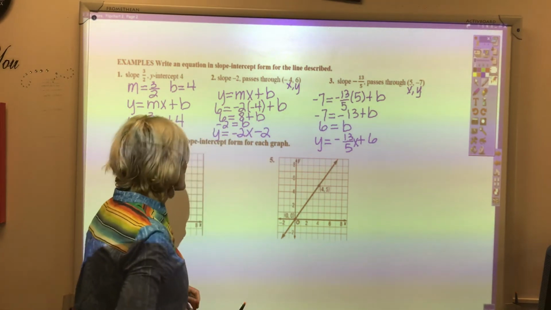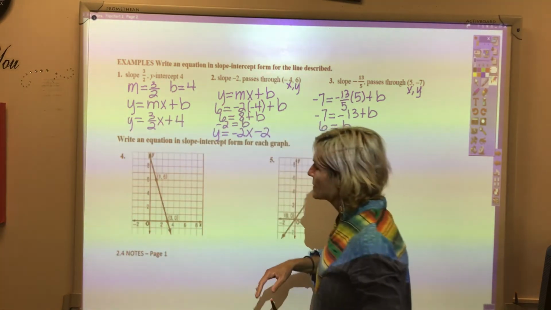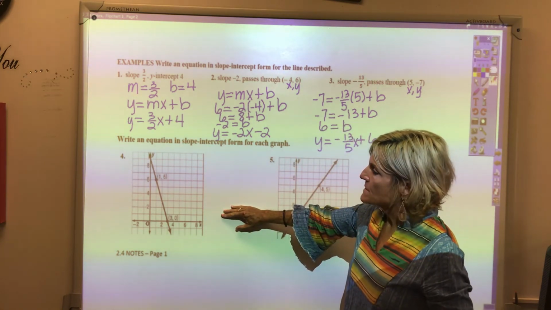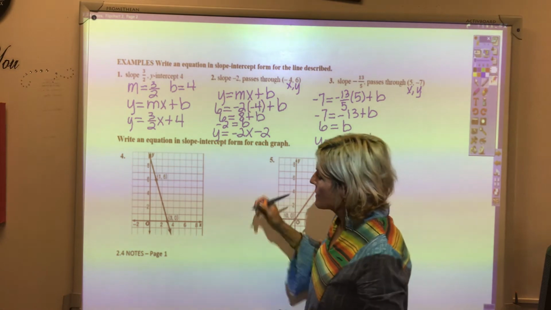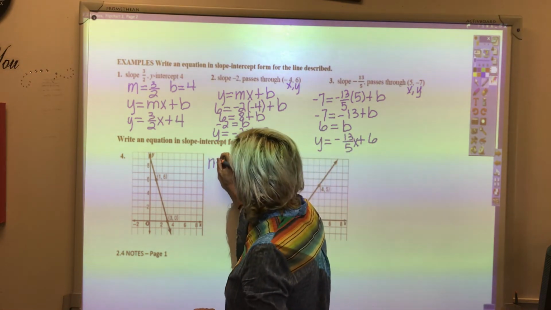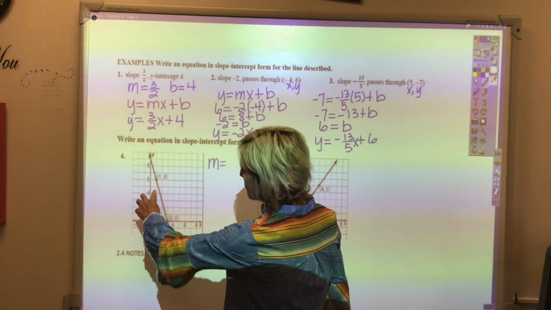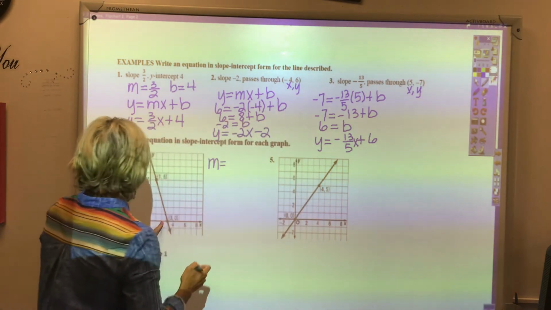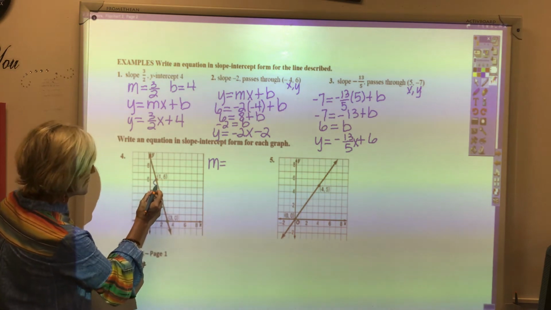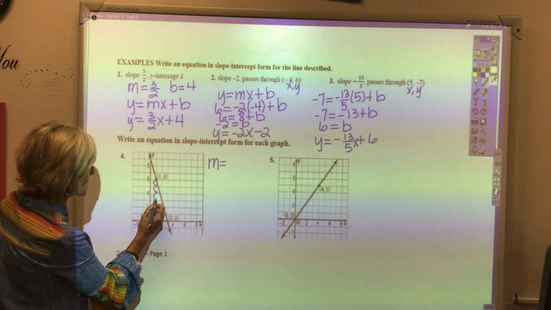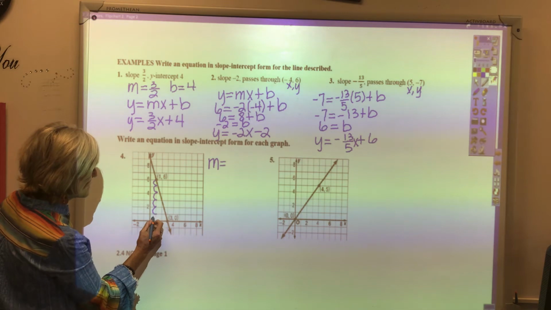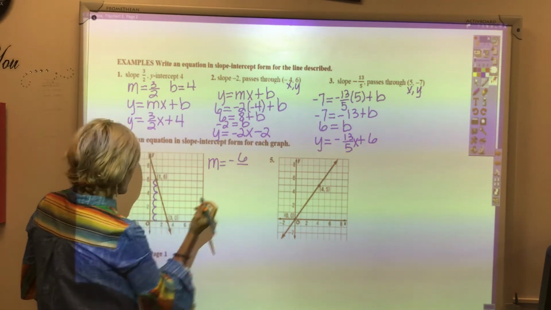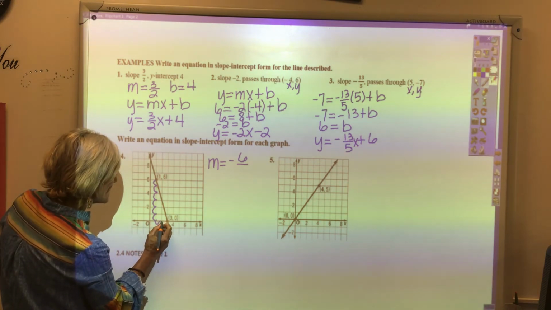All right, on the next two examples, we're just going to look at our lines, find our y-intercept and our slope. So our slope, m, if we start from the point 1, 6 and we go to the point 3, 0, we are going down 1, 2, 3, 4, 5, 6, negative 6, over 1, 2.